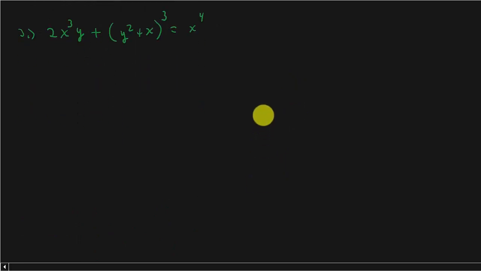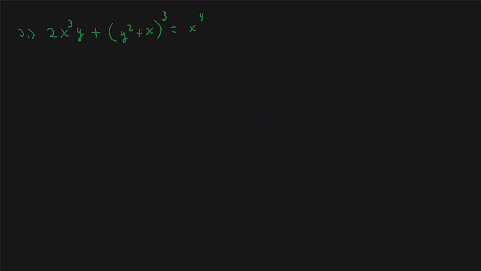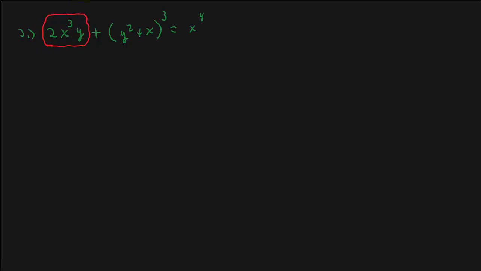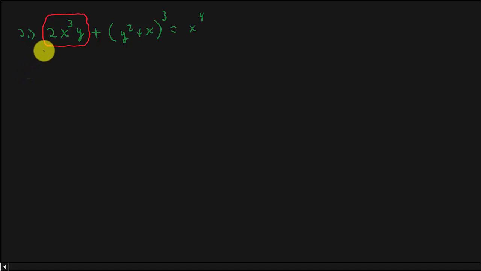All right. So let's look at this first term here. I've got the product rule. I've got 2x cubed times y. So the 2x cubed, that's my first function. The y is my second function. So the derivative of the first, that's 6x squared.